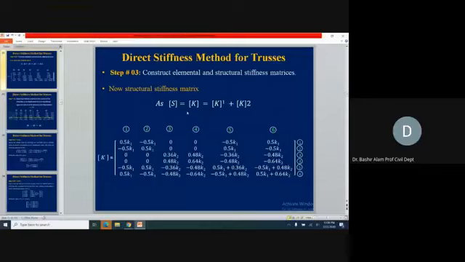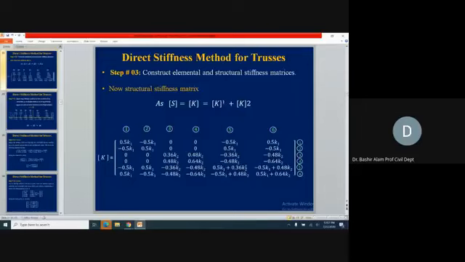Here the K is the structural stiffness matrix, and these are the elemental ones, and this is how they are added. We have the addition at the 5,5 and 6,5 locations.